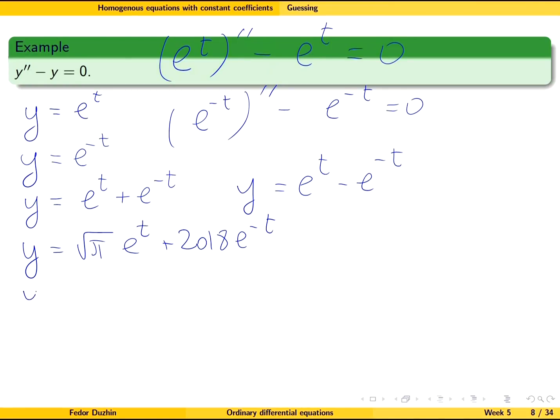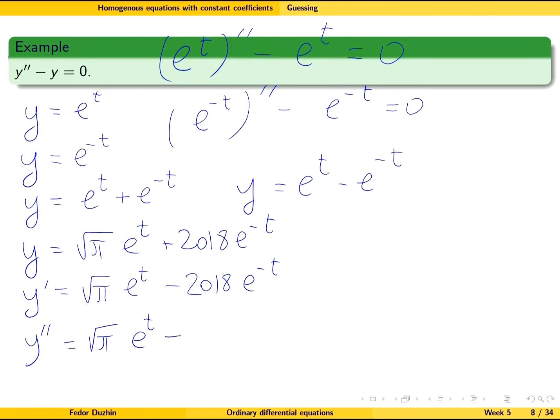Indeed, if you differentiate it once, then you get square root pi e to the t minus 2018 e to the minus t. If you differentiate it again, then you still get square root pi e to the t, but now when you differentiate e to the minus t, you get minus e to the minus t.